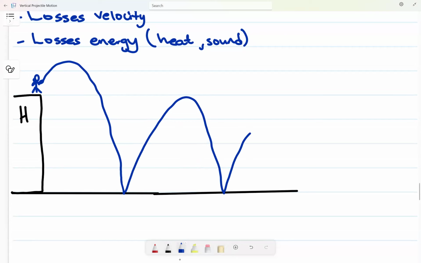Can you see now, as we bounce, what happens? The velocity now changes. But what I want you to take note of is that the velocity that it comes with here will equal the velocity at B. Then it will go up.